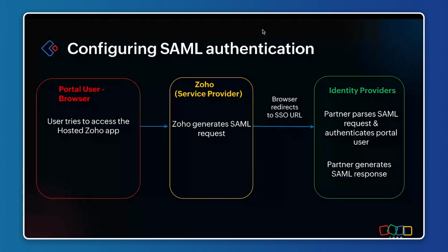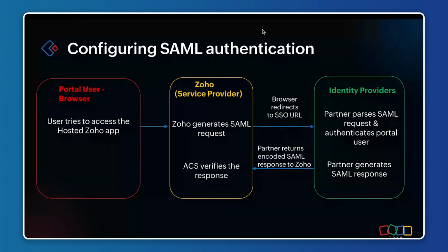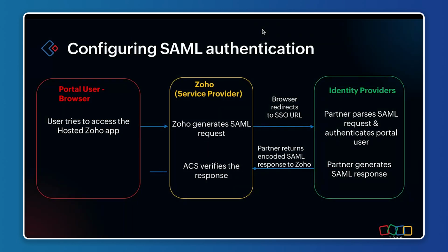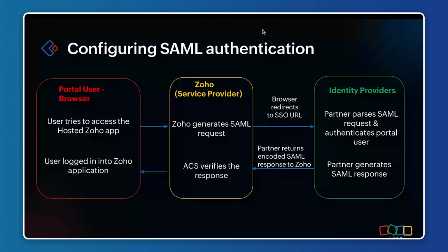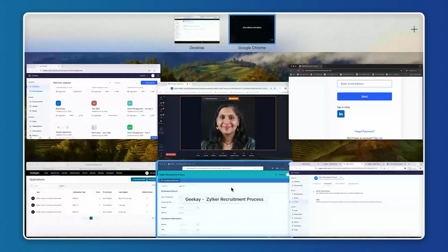So the identity provider would send the SAML response back to the service provider, which is Zoho. And here the ACS, I'll explain about this ACS verification once I get into the demonstration, verifies the response, and then the user would log into the Zoho application. Now we'll get into the live demonstration and quickly see how this is done.